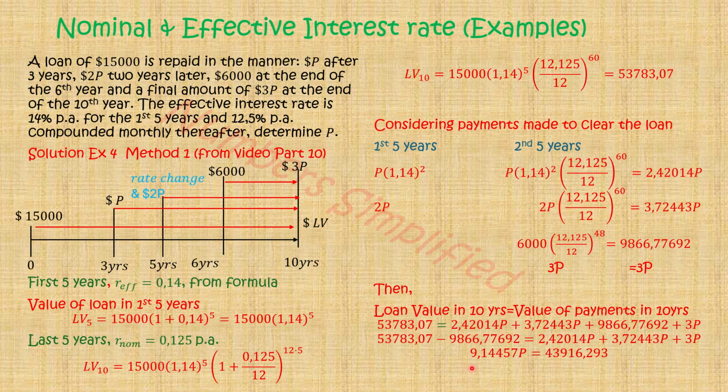So adding all the p's, we are going to get 9.14457p, and the value that we have that does not contain a p would be $43,916.293. And of course, we can divide throughout by 9.14457 in order to solve for p. In so doing, we are going to get a p of $4,802.44.